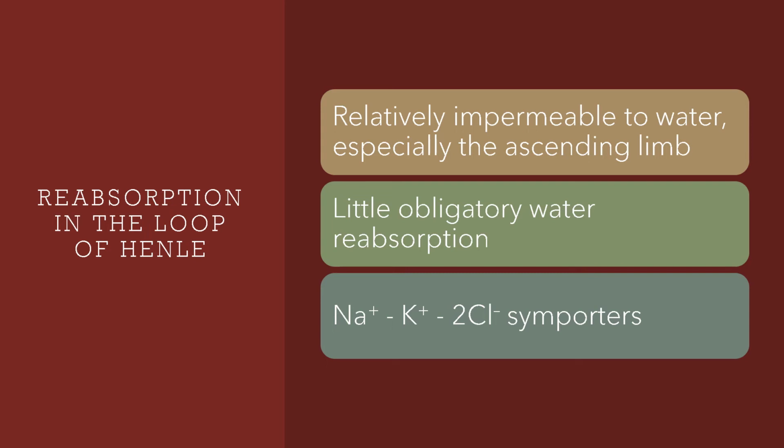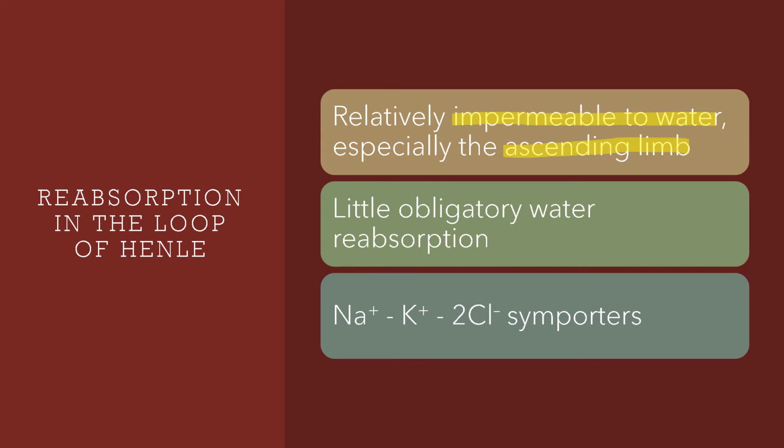this part of the nephron loop is not really permeable to water. It's relatively impermeable to water, especially in the ascending limb. So the most permeable to water is going to be that proximal convoluted tubule.